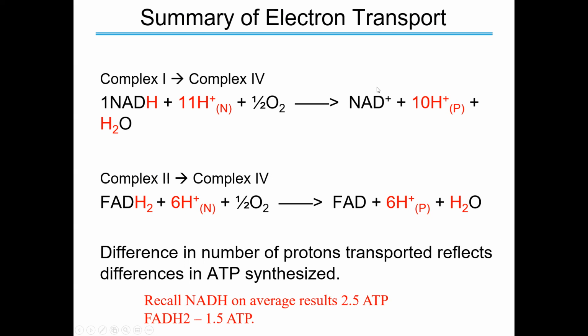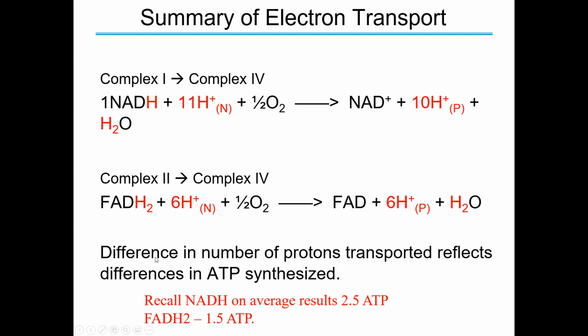So look at this reaction, just look at it. NADH, which will come from complex 1, will go to complex 4, producing 10 protons on the P side. Complex 2, which can independently bring reducing equivalents in the form of succinate through FAD, can only produce 6 protons on the P side.